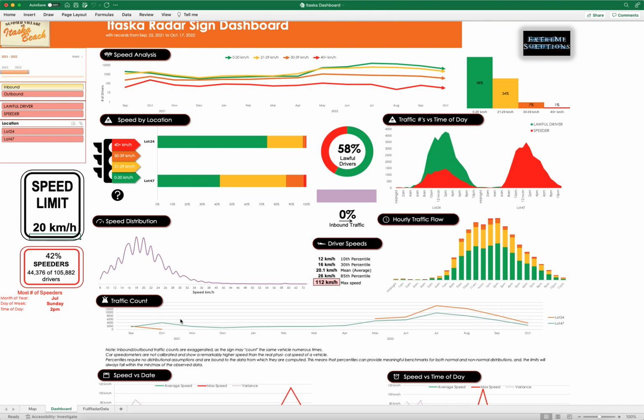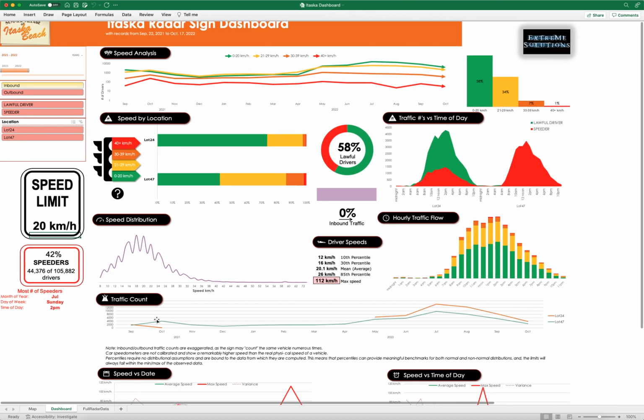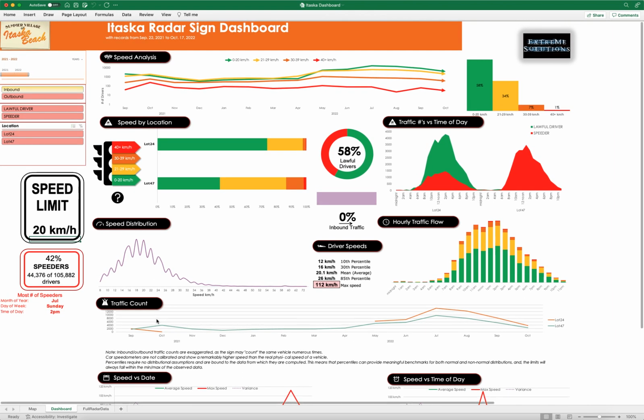On the next graph, we see traffic count, and that's just to see how many drivers there are. Realize these aren't actually counting cars, it's counting how many times the radar gun fires. As you're driving towards or away from this sign, it sends out a pulse and then you see the speed on that sign. That's considered one traffic count.